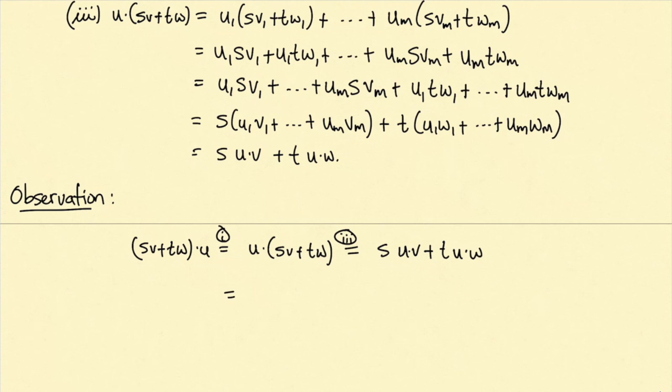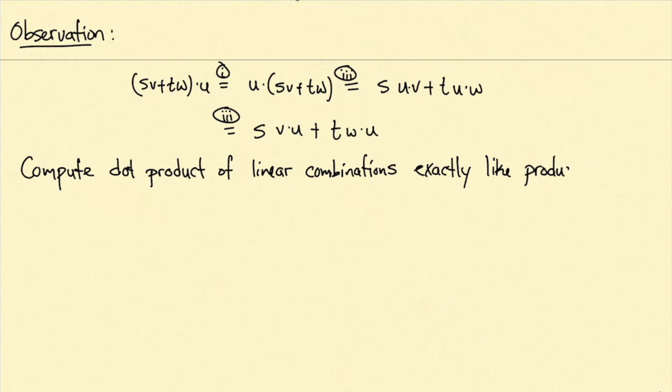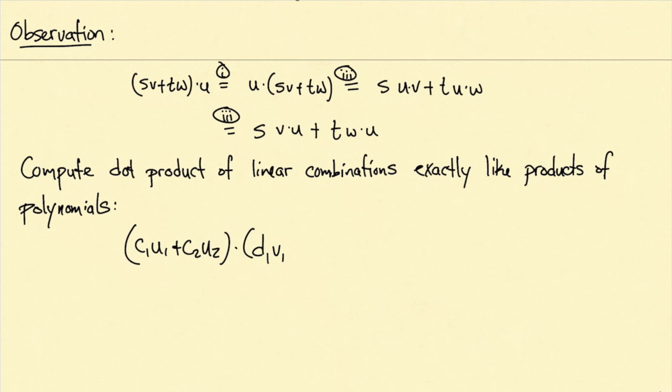And switching the order, we see we get s times v dot u plus t times w dot u. This tells us in general that we can take the dot product of linear combinations the same way we multiply polynomials. So let's say we have c1u1 plus c2u2 dotted with d1v1 plus d2v2.